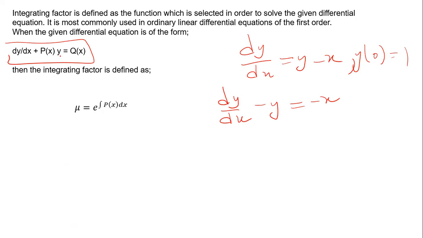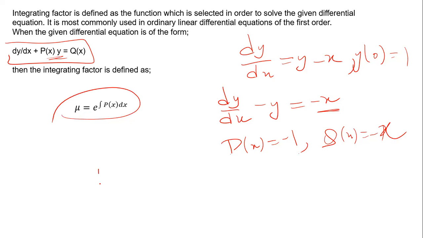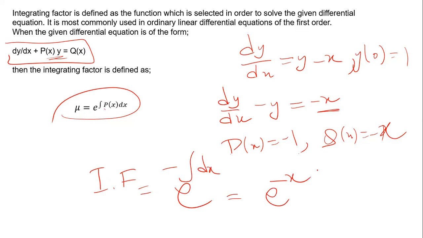Here you see that the coefficient of y is P(x), your P(x) is minus 1. The term on the right hand side is called your Q(x), your Q(x) is minus x. Your integrating factor is e to the power integral of P(x) dx, which is e to the power minus x.